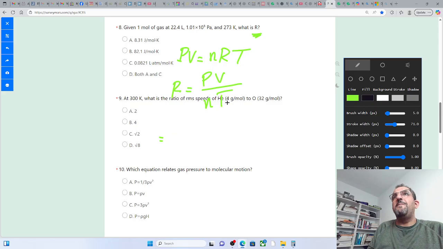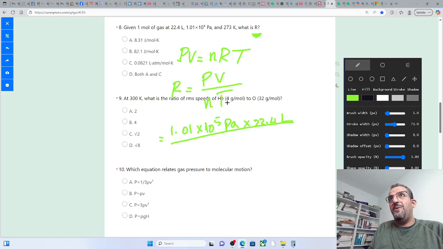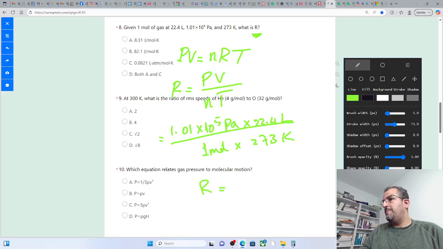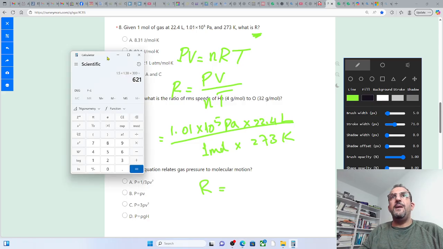So we will have pressure as 1.01 times 10 to the power 5 Pascal times volume, which is 22.4 liter, and then we divide the whole thing by 1 mole and also by 273 Kelvin. So that's going to give me R, which is the gas constant.